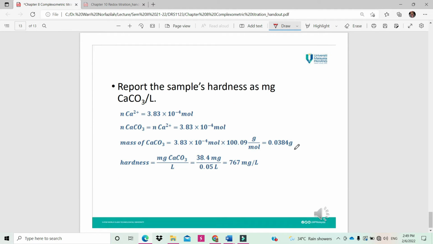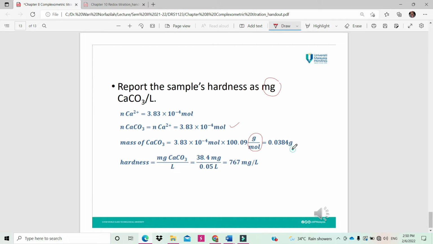And then, as I said just now, sometimes usually we report the hardness. Kalau jabatan air tu dia report dalam bentuk milligram of calcium carbonate per liter. Okay, so we have number of mole. Just now we can use this number of mole to calculate the mass of CaCO3 by multiplying with the molecular weight of CaCO3, 100.09.